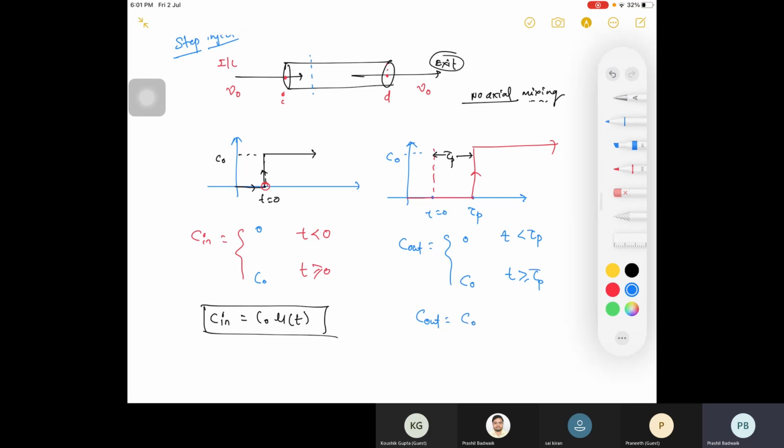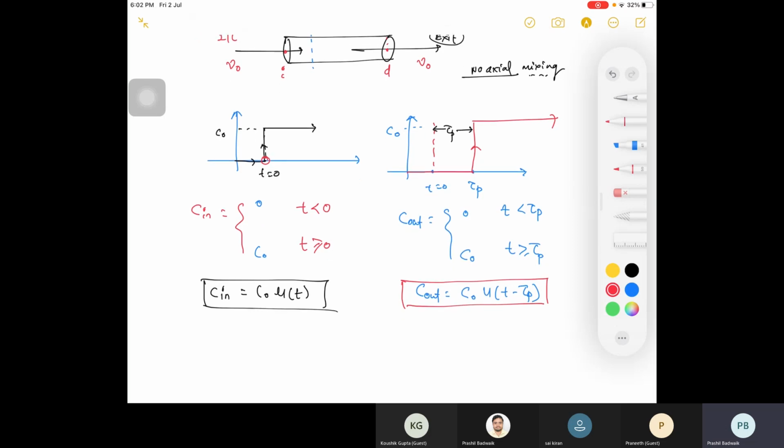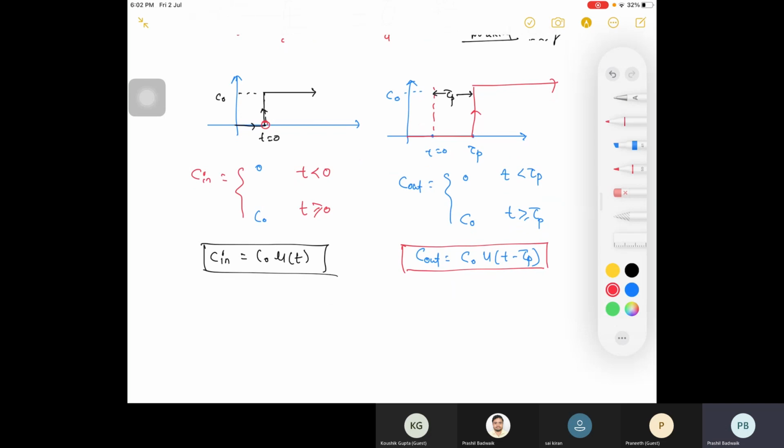That will be your C naught, same, only the difference will be u of t minus tau p. I told you whenever I am writing for a PFR, I need to use mathematics to represent what actually happens in the PFR. There we saw the Dirac delta function. Here in the case of step injection, it is the unit time function. Okay, so this was about your inlet and outlet.